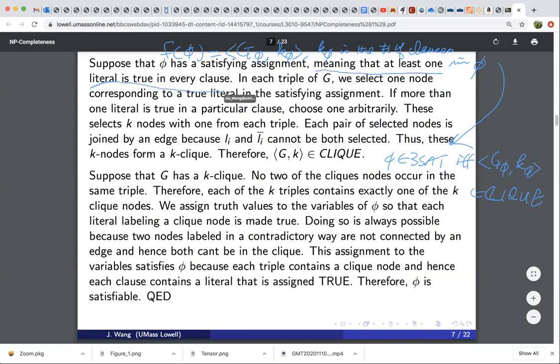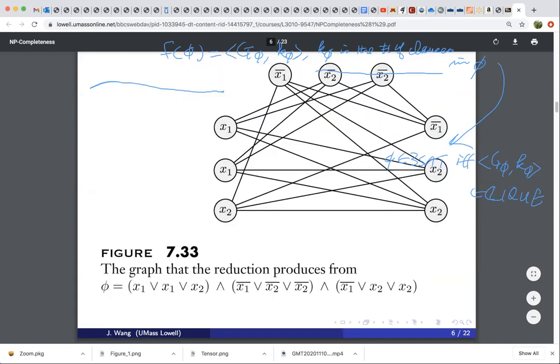Now let's look at our G sub phi. In this graph, in each triple of G, we're going to select one node corresponding to a true literal. So for instance, let's go back here.